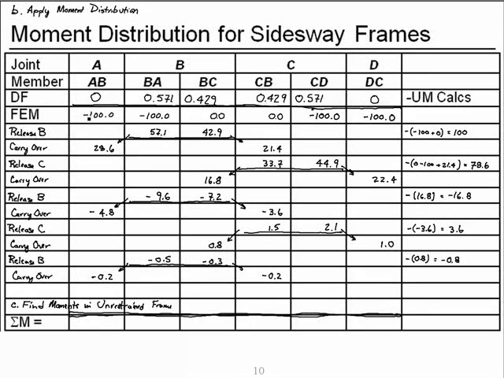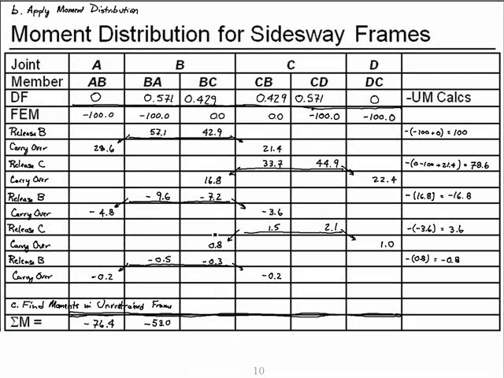So for node A, we take the negative 100 plus 28.6 minus 4.8 minus 0.2, and we get a negative 76.4 foot kips at A. We add up column B and get a negative 53.0 foot kips.